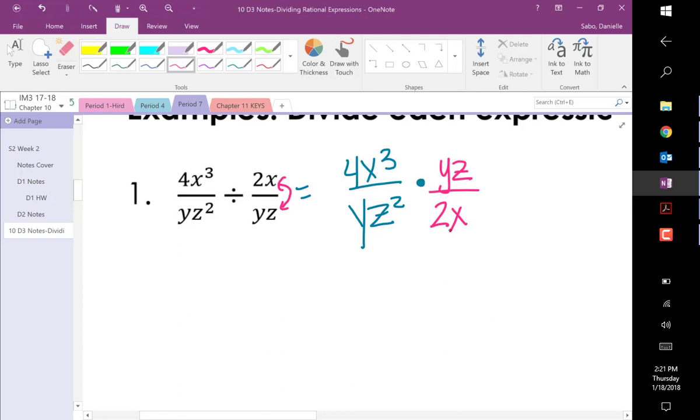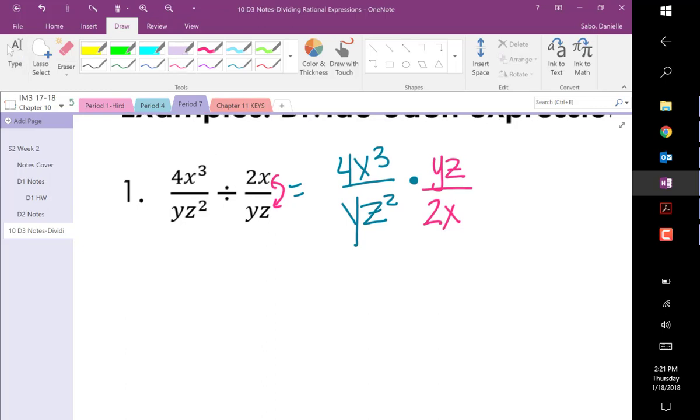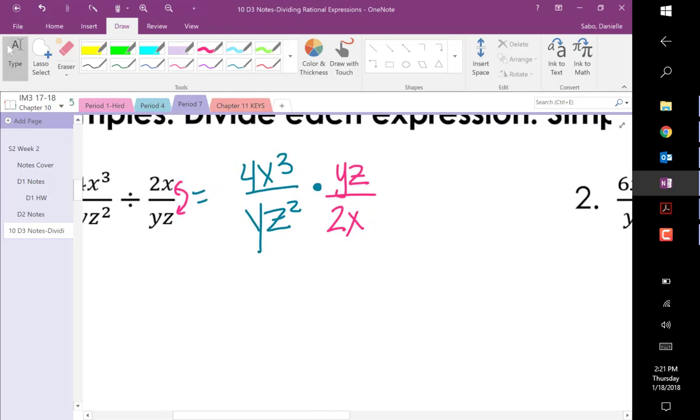The rest is everything from yesterday, which is good because we needed some more practice with yesterday. From this point on, it's exactly what we did yesterday. We're going to multiply straight across: you multiply the top and you multiply the bottom. But look, nothing's the same. You see how I have an x and a y and a z?